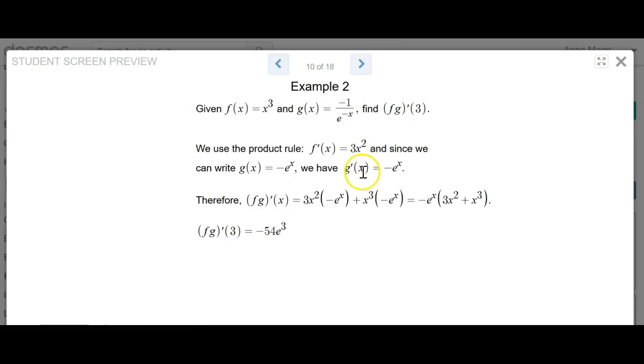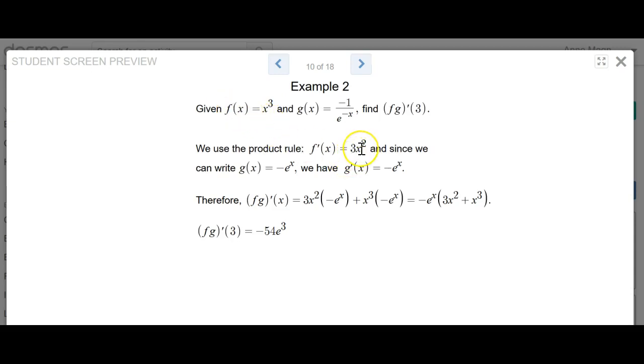Here's another example. So this function g of x might look a little scary, like it's a quotient, but we can always rewrite it by negating the exponent. So we're going to rewrite g of x as minus e to the positive x. We're going to use the product rule, so we need to get the derivative of each factor.